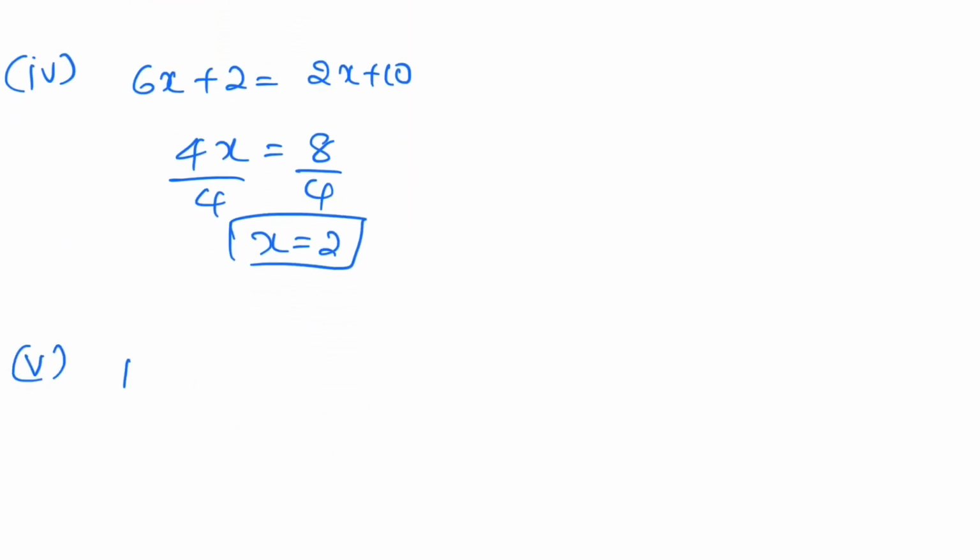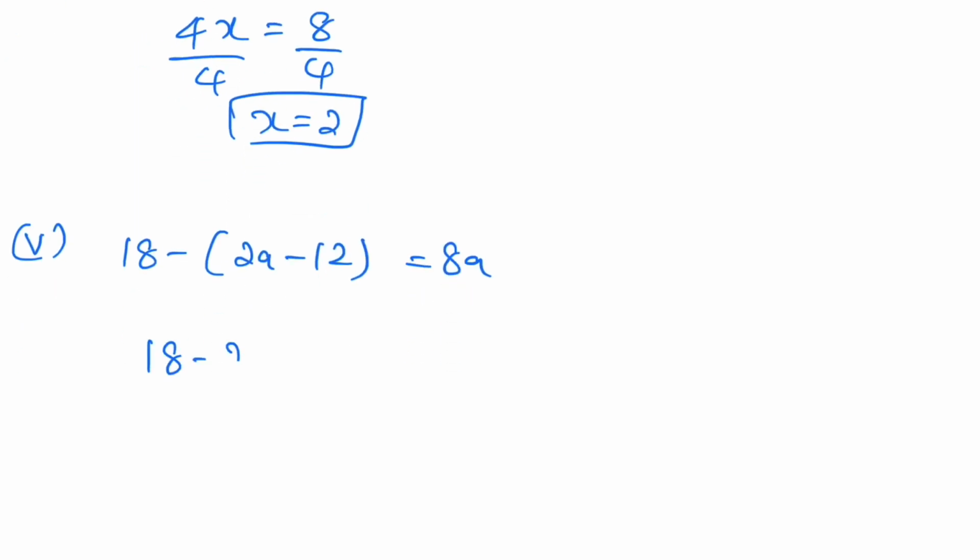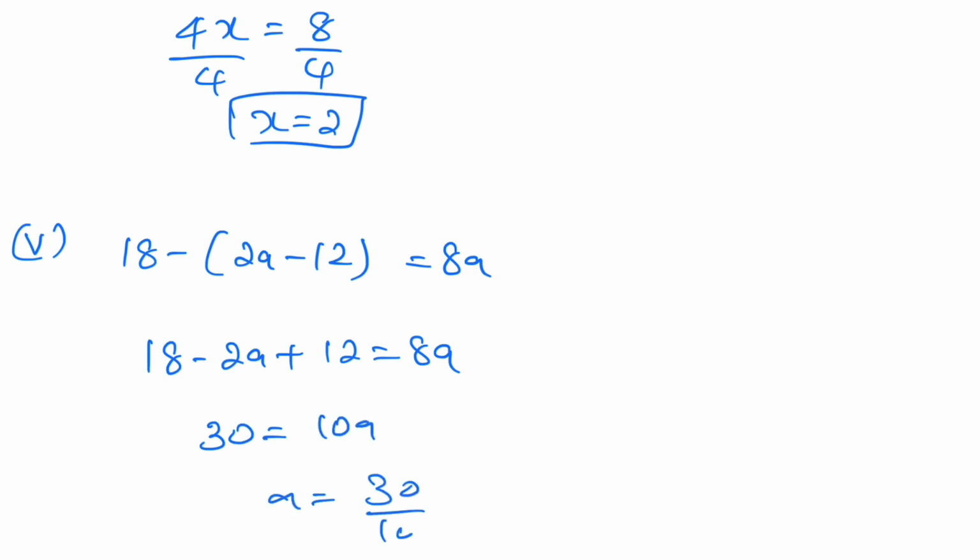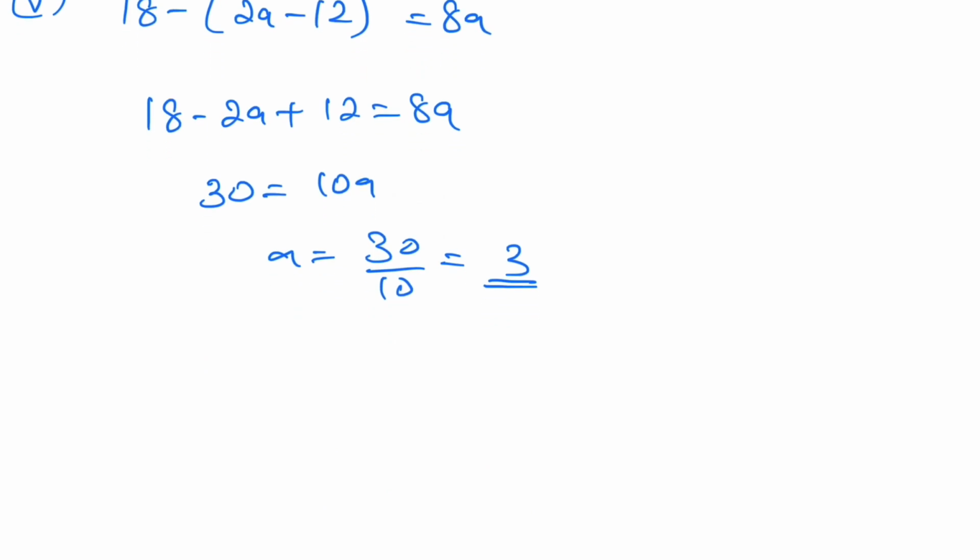Fifth one you have 18 minus of 2a minus 12 equal to 8a. 18 minus 2a plus 12 equal to 8a. 18 plus 12 will give you 30 equal to 10a. a is equal to 30 by 10 equal to 3.